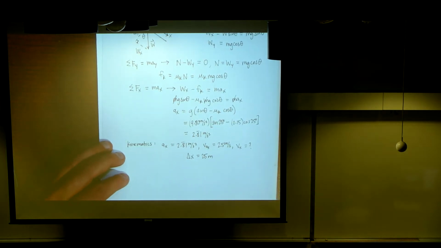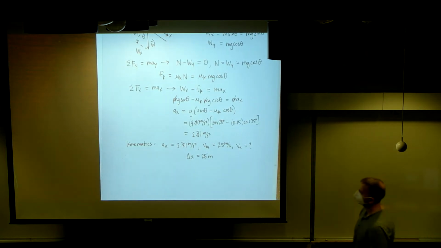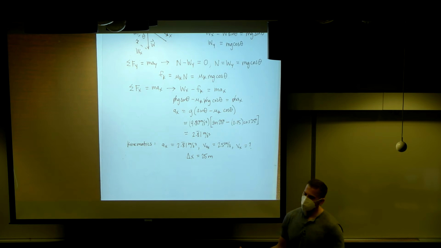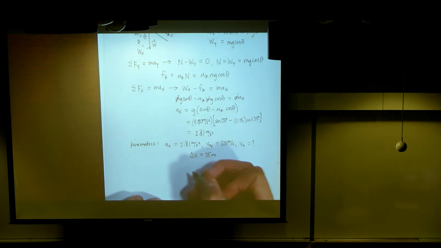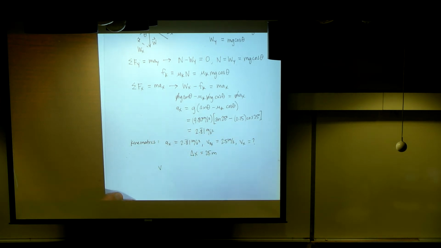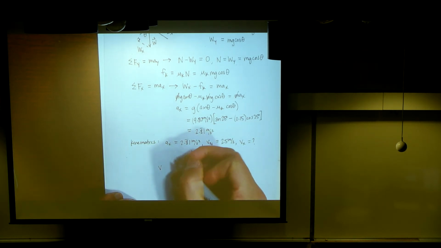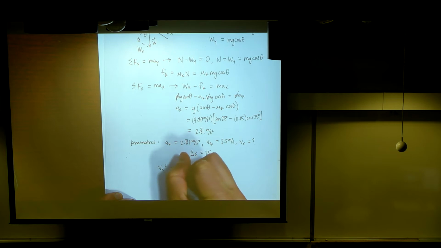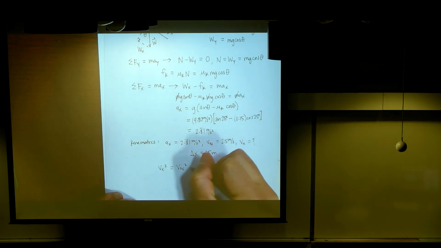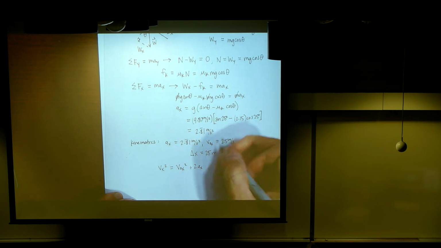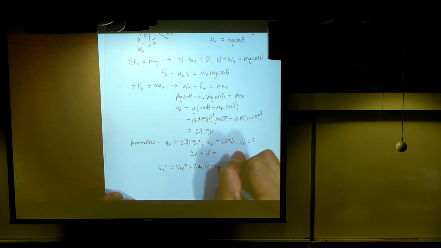If you look at these variables, you can probably recall there's a kinematic equation that works well here. Someone already mentioned this, but I'll write it down: vx squared equals v naught x squared plus 2 ax times x minus x naught.